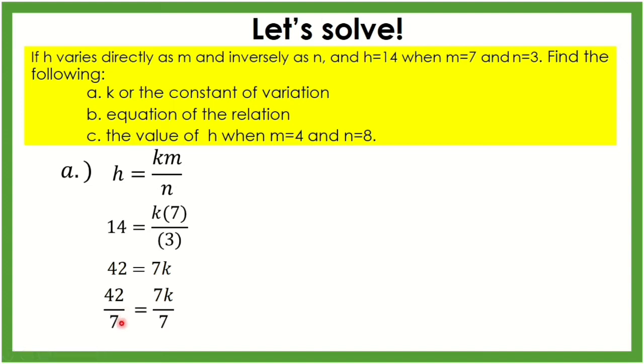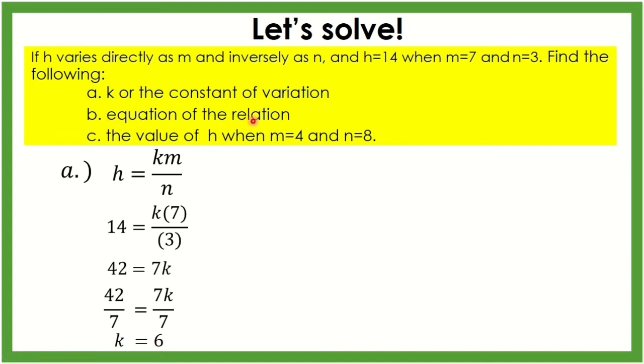We have 42 over 7 equals 7K over 7. Simplify. K is equal to 6. 42 divided by 7 is equal to 6. So, the value of K is 6. Or the constant of variation is equal to 6.